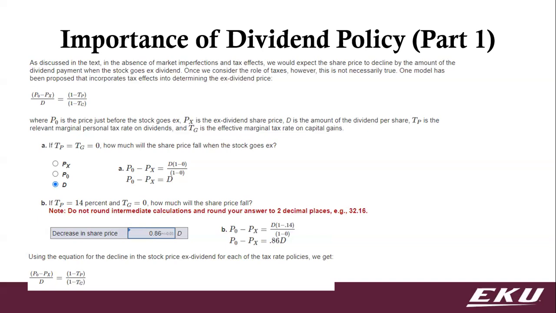The D is the dividend, and T sub P is the personal tax rate. I said T sub C for capital gains, but it's T sub G.